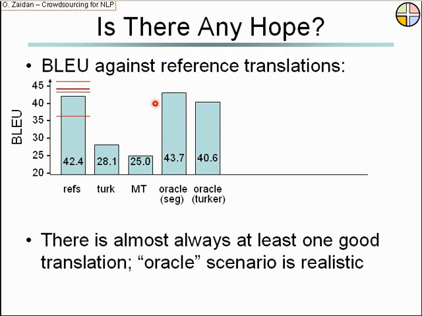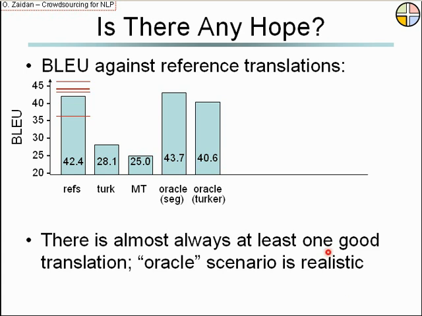What this says is that there's almost always at least one good translation. And it's important to keep in mind that this Oracle scenario is actually pretty realistic because you're choosing one out of only 4 translations. This is as opposed to Oracle scenarios where you're dealing with n-best lists of 300 or 1,000 or even a lattice that's encoding thousands or millions of translations.